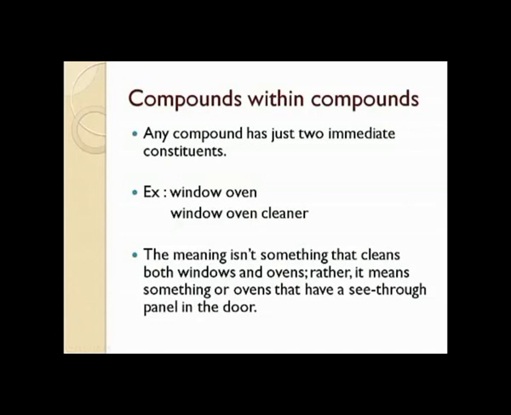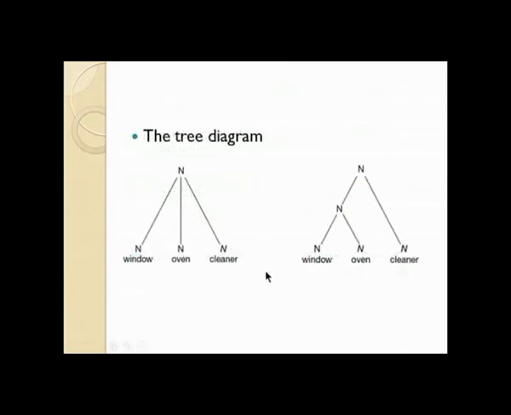And then window oven cleaner also has diagrams explaining its meaning. As you could see, there are two diagrams, but the left one is wrong.